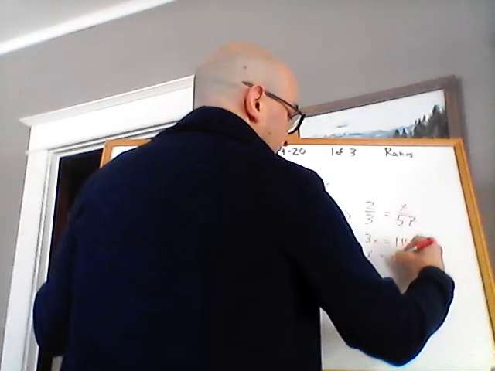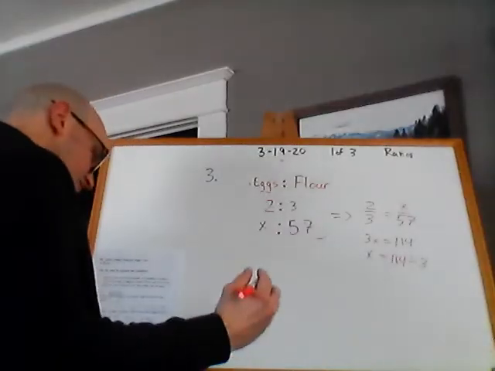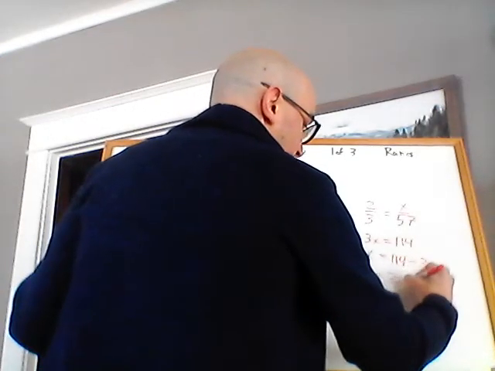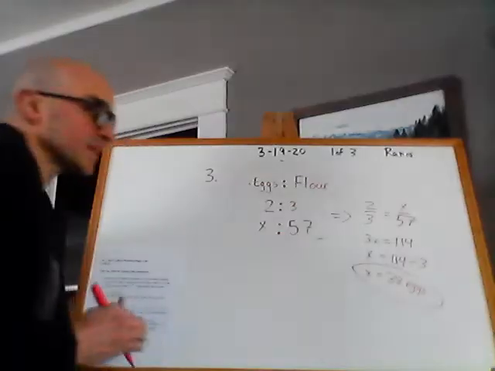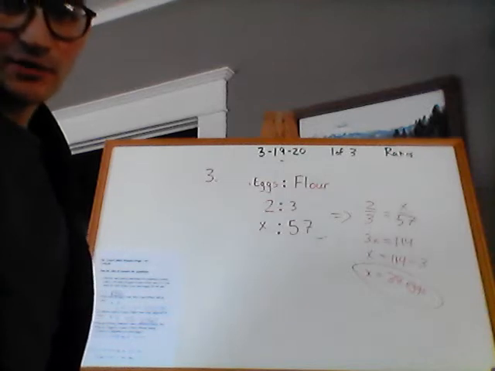And now we're going to figure out 114 divided by 3. You can carry out the long division. You can use a calculator. Whichever method you use, you want to make sure that you do arrive at the correct answer. You'd need 38 eggs for 57 cups of flour.